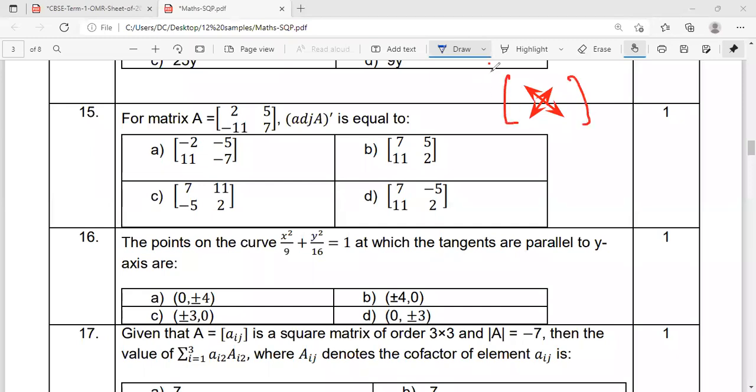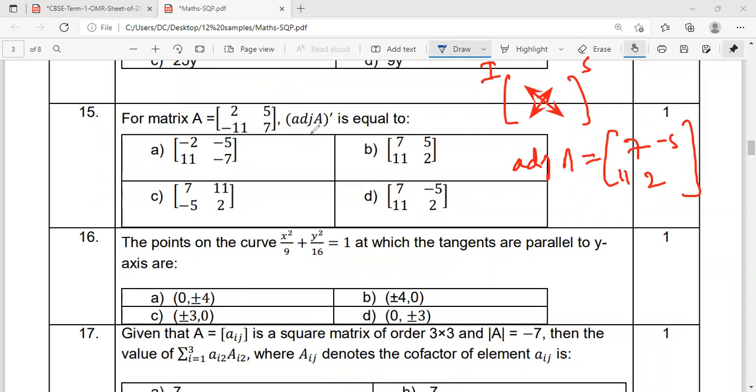What we do is interchange and change the sign. Interchange, sign change. So the adjoint of A will be: 7 comes up, 2 comes down, sign change, 11 and minus 5. This is the adjoint of A.